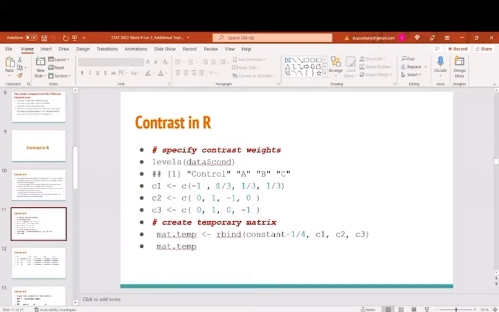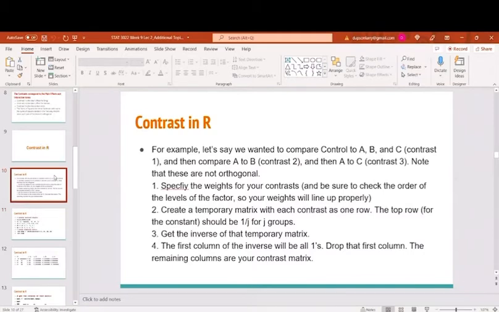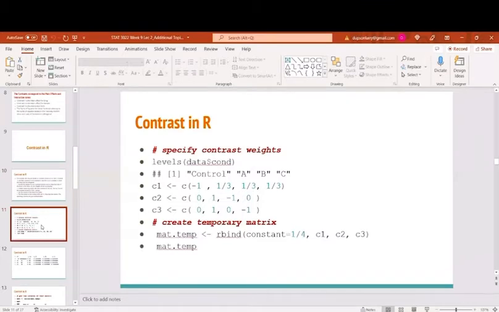But the second contrast is telling you to compare A to B: A and B, 1, -1. The ones I'm not interested in are going to have a contrast weight of 0. That is why you see that I have a 1, -1.